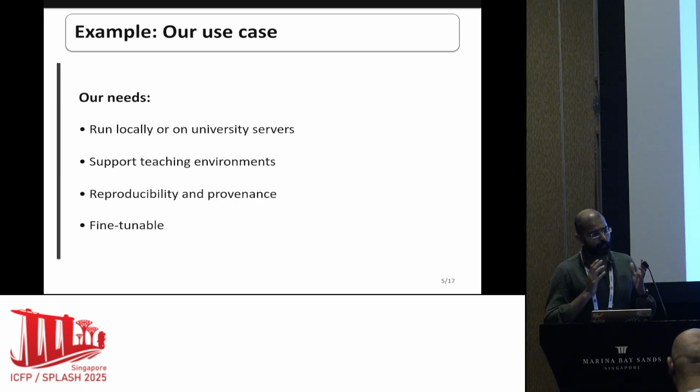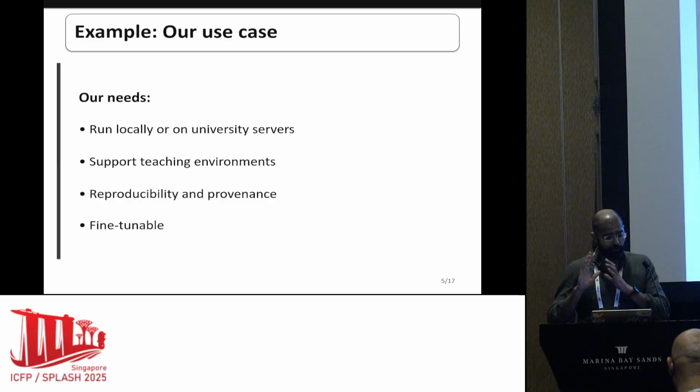We wanted something that could run locally or on university servers. We wanted to support the teaching environments. We wanted reproducibility and provenance. And we also wanted something that we could fine-tune, where we could have a gradual increase in capabilities as students progress through the course.